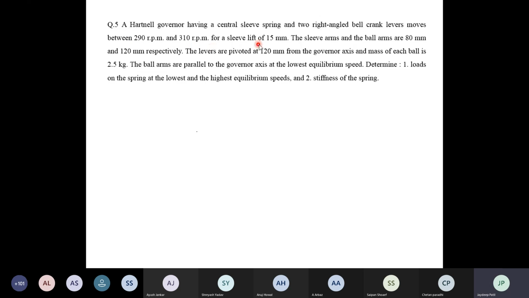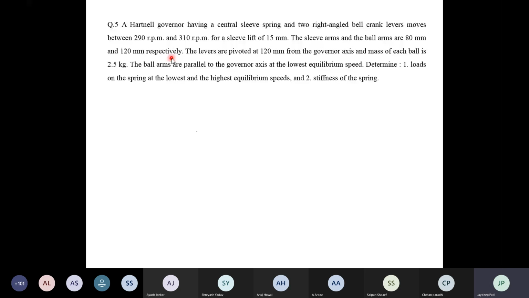For a sleeve lift of 15 mm, sleeve lift directly there H is 15 mm, not 15 meter. The sleeve arm and the ball arm are 80 mm and 120 mm. Sleeve arm means your horizontal arm Y is 80 mm and ball arm means your vertical arm X is 120 mm respectively.